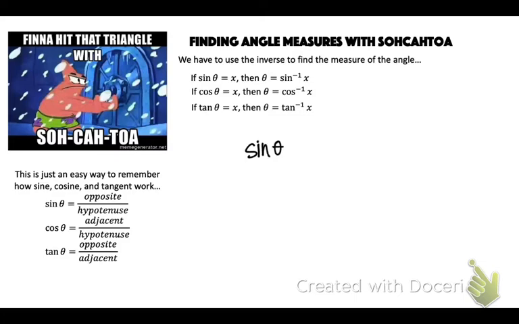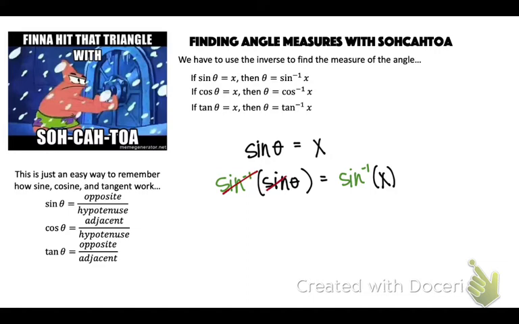So sine of theta equals x. Well, if I apply the inverse to both sides, then I do sine inverse of sine of theta, and that equals sine inverse of x. Well, if you know anything about inverses, on the left side here, the sine inverse and the sine basically cancel each other out.